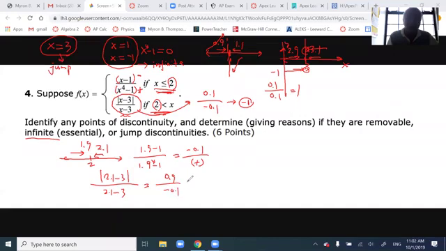But be careful: if you do the calculation, these values are not the same. They're not equal, so we have a jump there. The left limit and the right limit, for this whole function using 2 pieces, are different, so there is a jump. So x equals 2 also belongs to a jump.